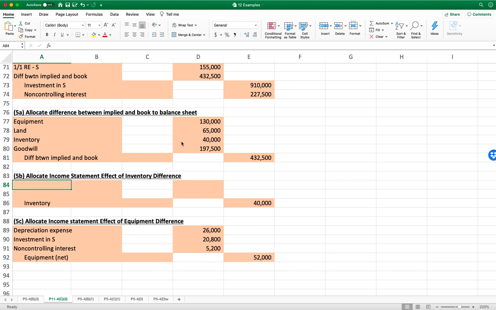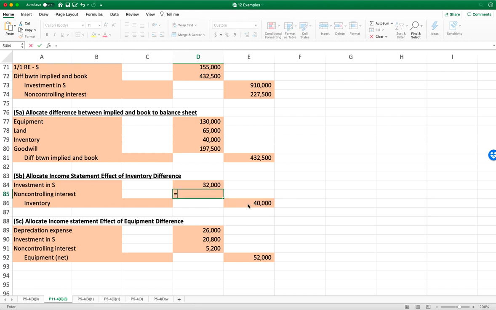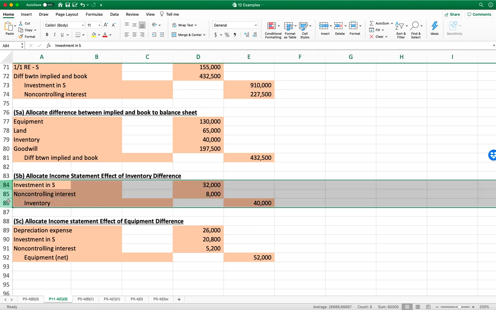We don't want to put any in cost of goods sold because it happened last year. We don't want it on this year's income statement. So that'll be 80% to the parent and 20% to our non-controlling interest. So this will be the same every year for the rest of time.